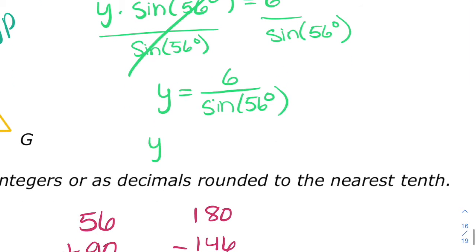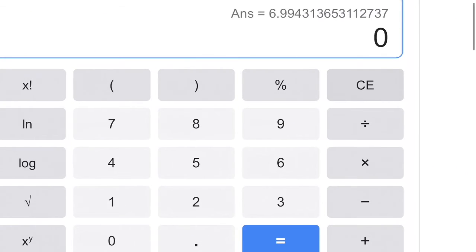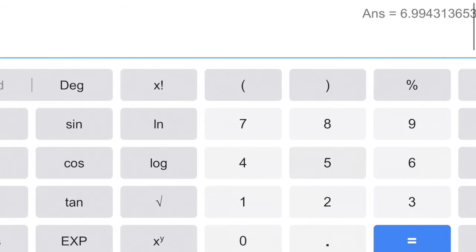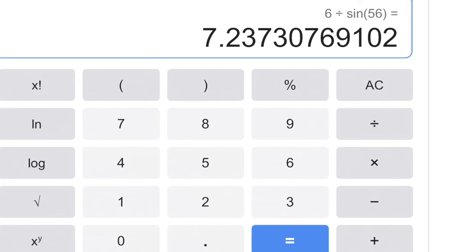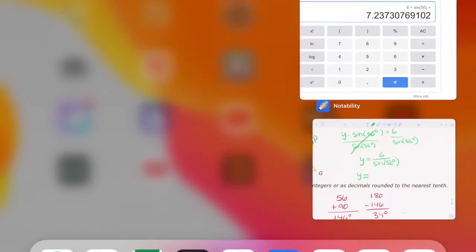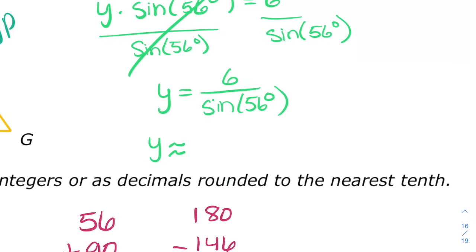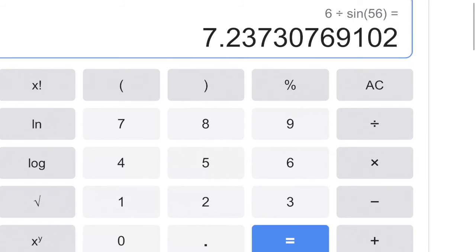So y approximately equals 6 divided by sine 56. And we get about 7.2373.